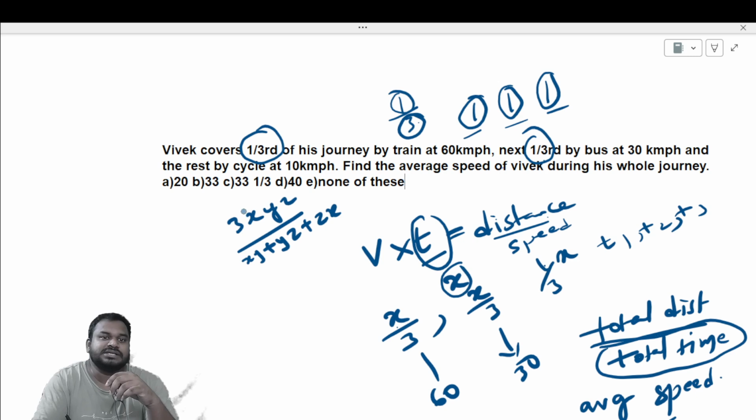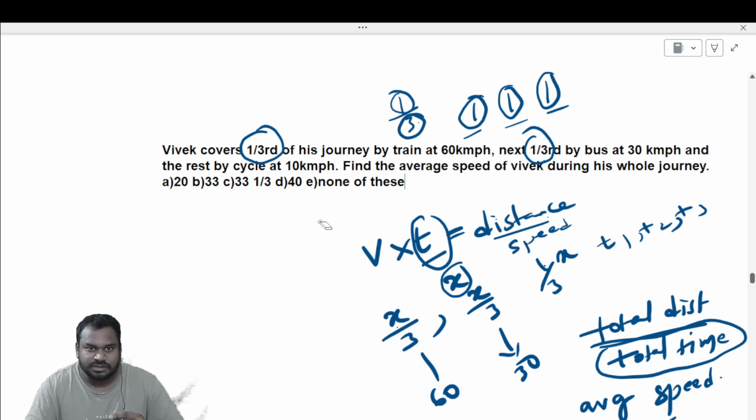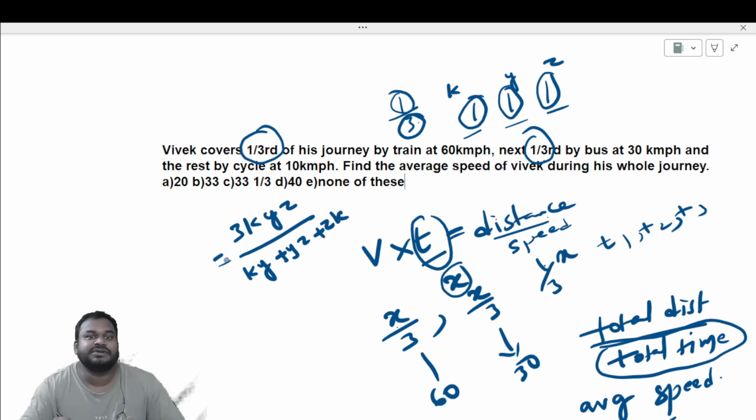I'll take the speeds as k, y, z. If one third of the distance is covered at k speed, this at y speed and this at z speed, then the formula will be 3kyz by ky plus yz plus zk. This is the shortcut to get the average speed.